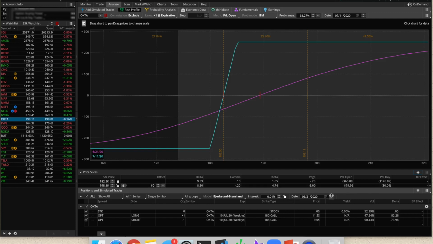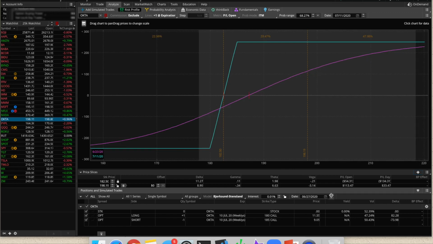Now notice when I click this plus icon, the date is 6/22. The profit has gone up from 79 to 84. Let's keep clicking it slowly and pay attention to two things: the profit and loss, and how this graph, the pink line, is changing shape. So 6/23, $89, 6/24, $95.